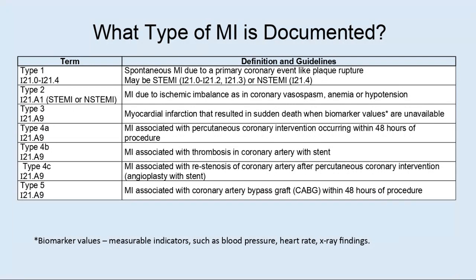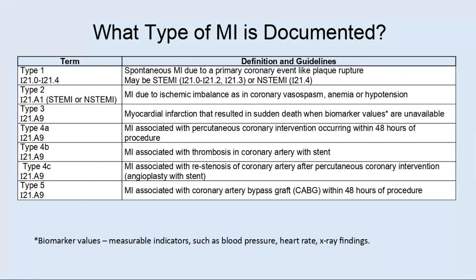There's also a type 4A, 4B, and 4C. 4A is associated with percutaneous coronary intervention within the last 48 hours. So something was done to the coronary artery within 48 hours, and because of that, the patient had an MI. Type 4B is MI associated with thrombosis in a coronary artery with stent.